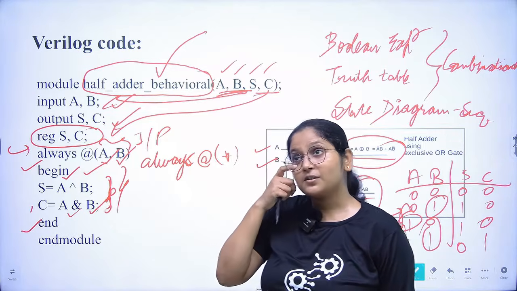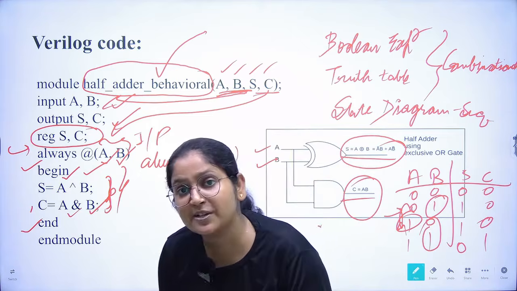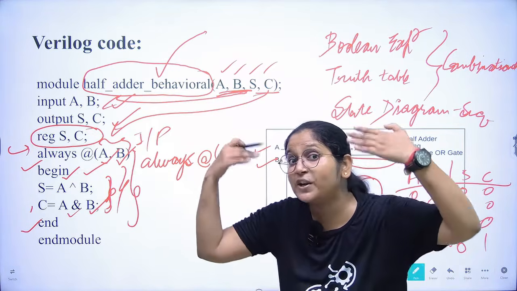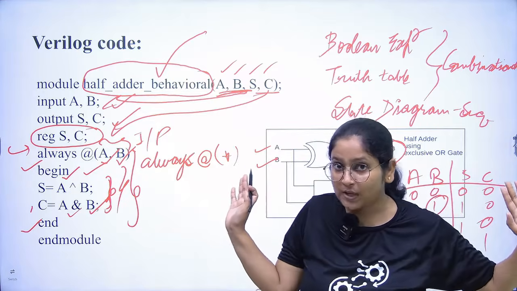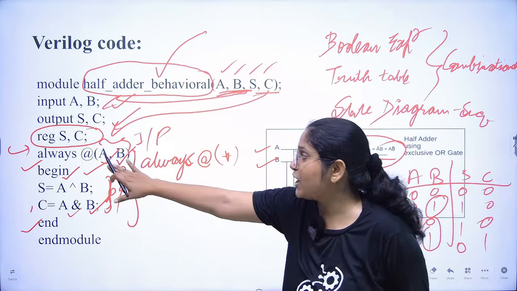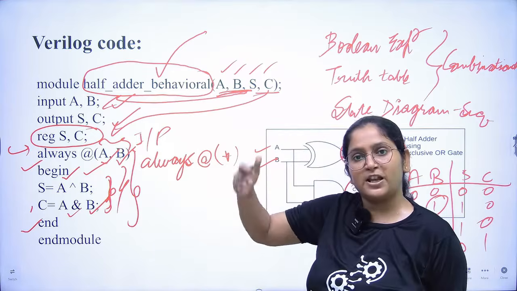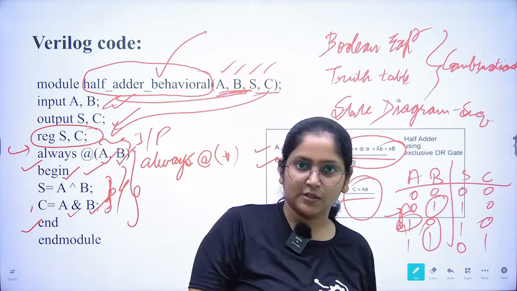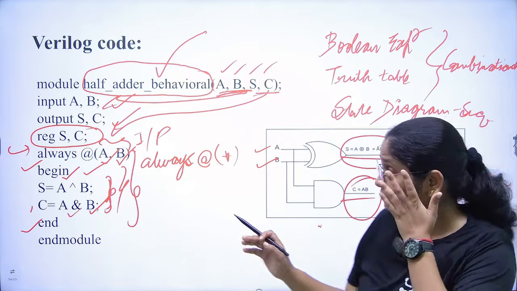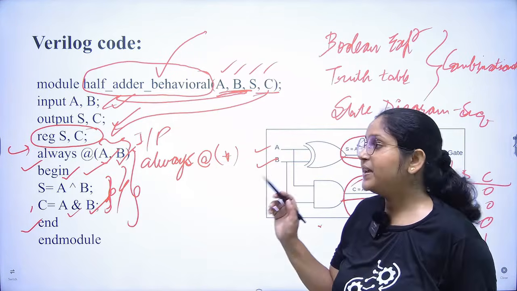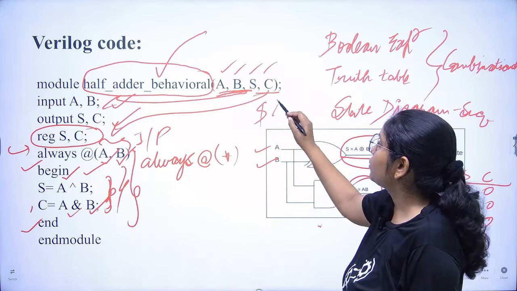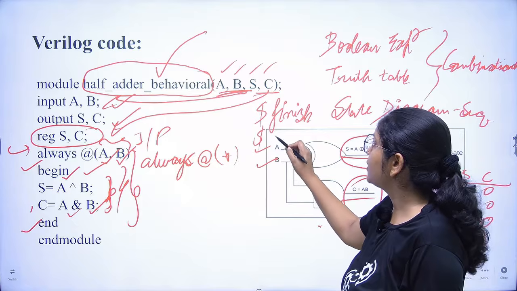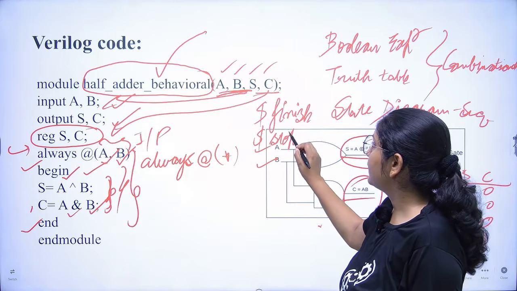Now the question comes, how will we stop our simulation? This always block will keep on continuing for an indefinite interval of time. It's not going to stop. Whenever there is a change in A or B, it's going to do the manipulations. It's going to repeat, a type of repetition or loop, you can understand it this way. But we have certain things called $finish and $stop.